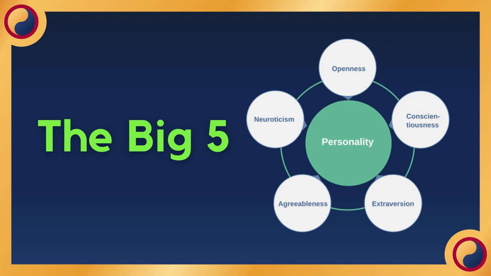So the main idea behind the Big Five is trying to extract the core themes or factors of personality behind all the ways we use, and especially all the words and lexicon we use to describe people's personality.